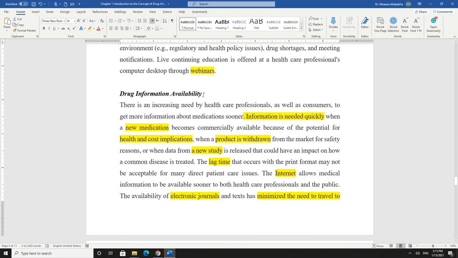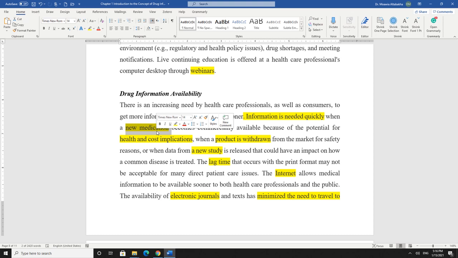Now, drug information availability. Of course, it's very important that the information is readily available. As a pharmacist, let's say you are working in a hospital or in a pharmacy, this is very important, especially to know when a new medication becomes available commercially, because this new medication can make a big difference to some patients.